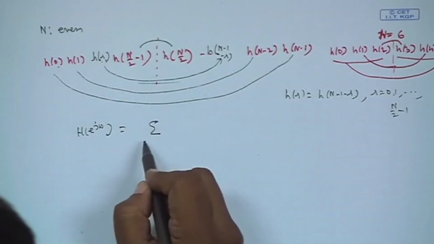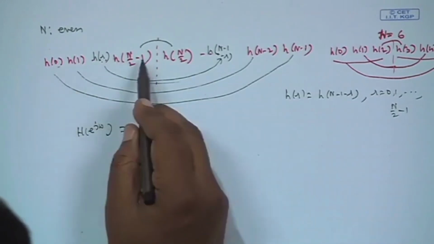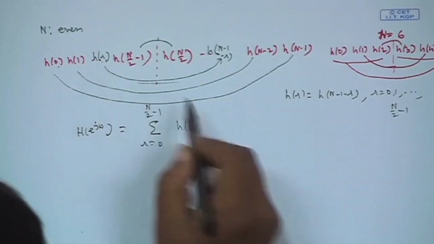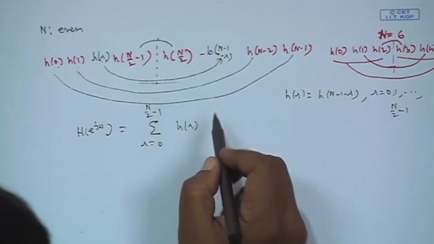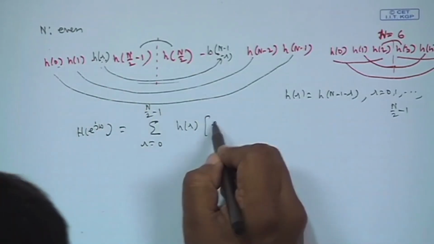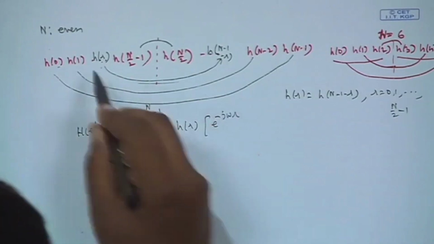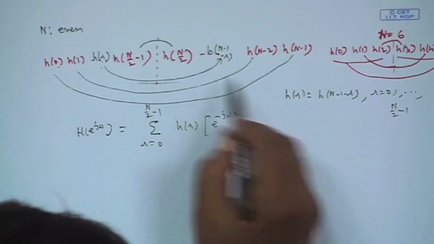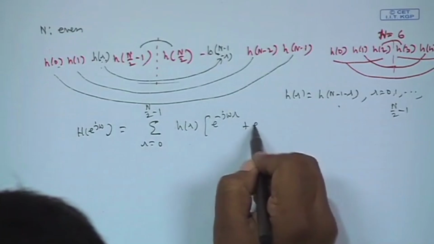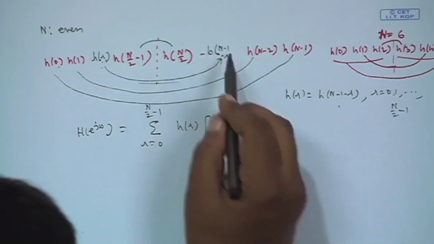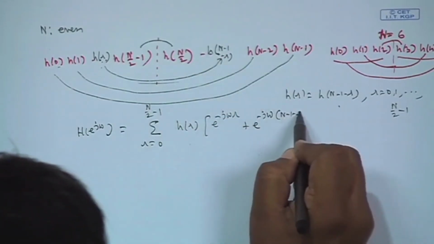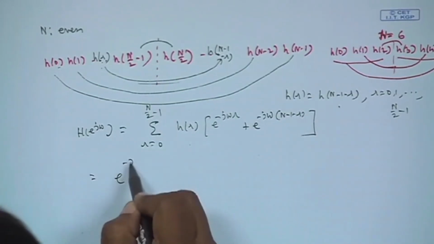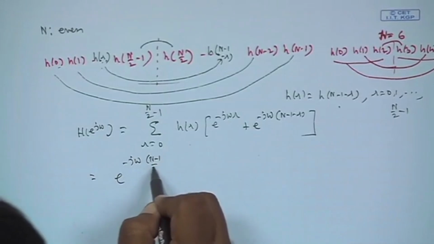That means, DTFT will be r starting from 0 up to n by 2 minus 1, typical rth case H r, and again H r, but this H r will have e to the power minus j omega r. This H r, that is H n minus 1 minus r, which is the same as H r under this condition, will have e to the power minus j omega into this index. And as before, I take out e to the power minus j omega n minus 1 by 2.